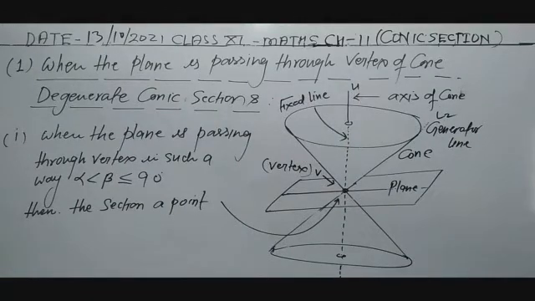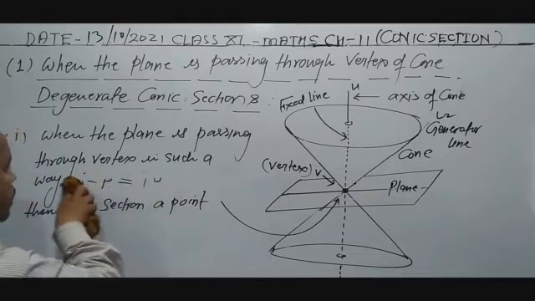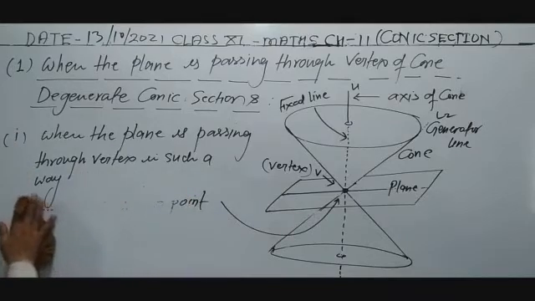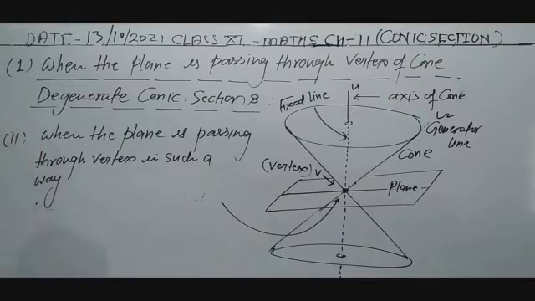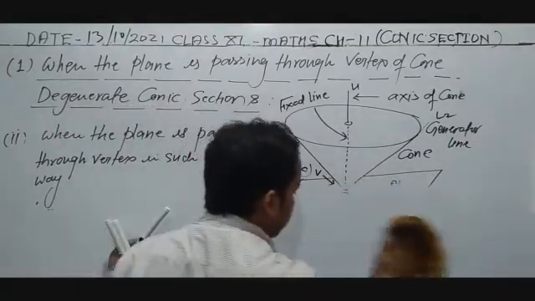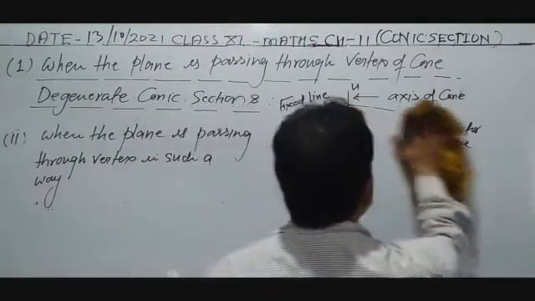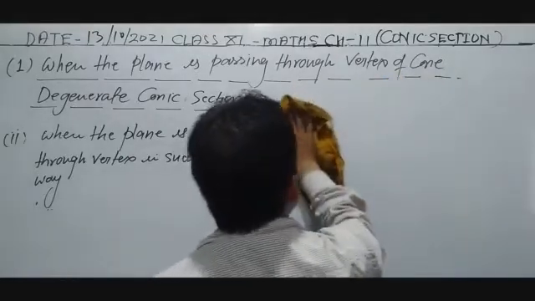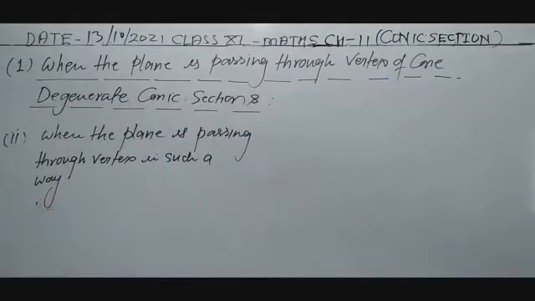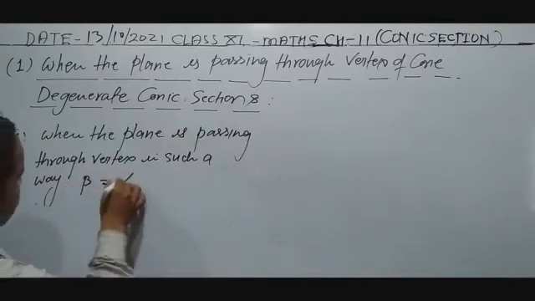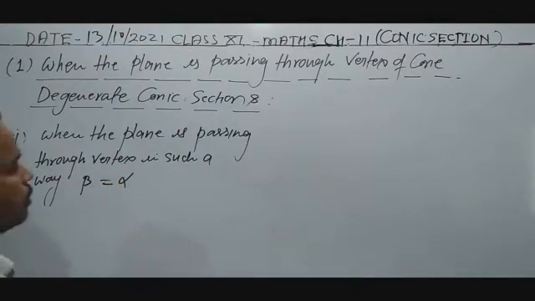Now we are going to consider the second case. Let the plane pass through the vertex in such a way that beta is equal to alpha, or alpha is equal to beta.